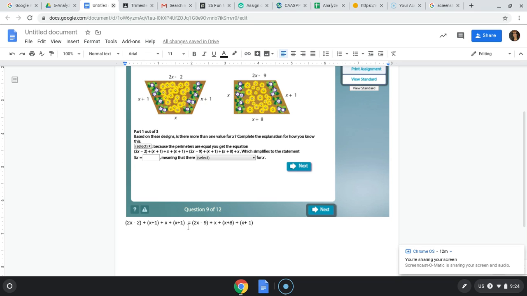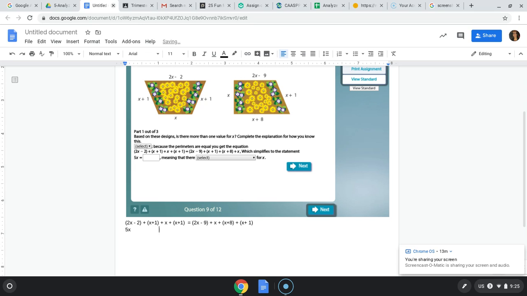There's really nothing to multiply through the parentheses, so we can just jump into combining like terms. The like terms are 2x, another x, another x, and another x. So 2 plus 1 plus 1 plus 1 is going to be 5x. Now we combine the constant terms, -2, plus 1, plus 1. That's actually going to be 0. So it's just going to be 5x.